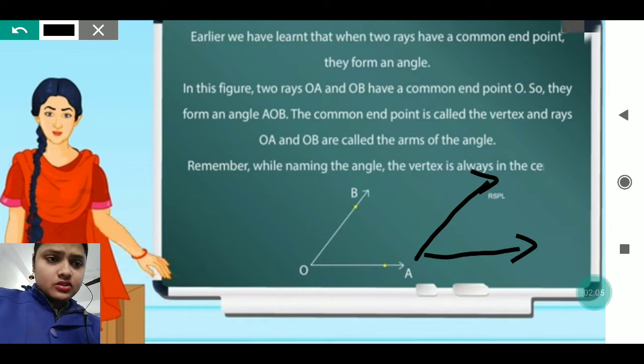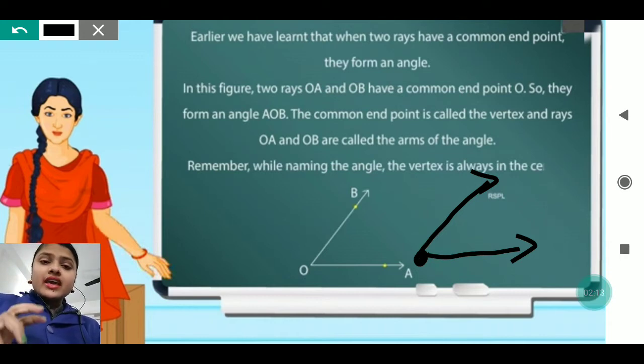You can see these are the two rays and they have one common point and go on infinitely. A ray has one fixed point, and from the other side it can be extended infinitely. So we have drawn two rays and both have one fixed point.